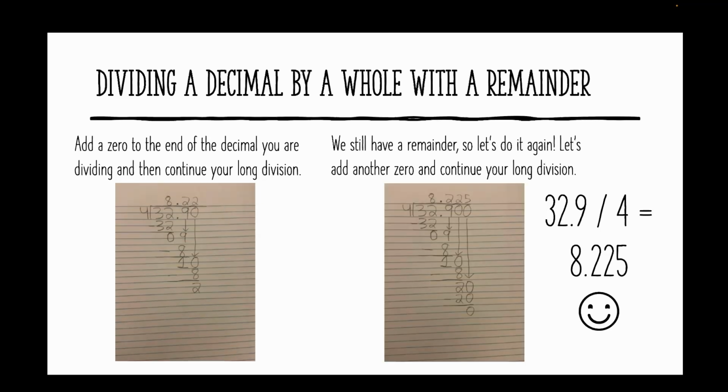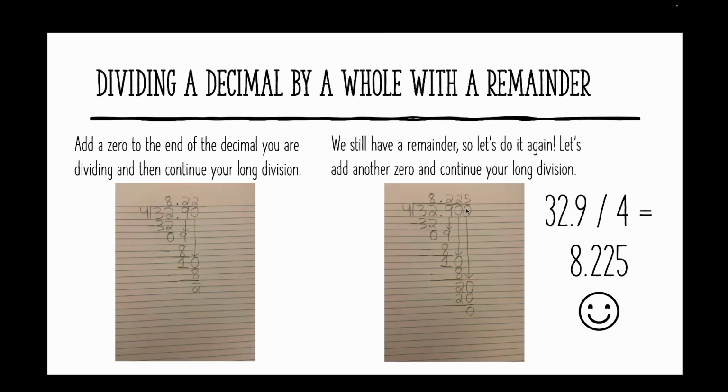So you're going to add that 0 to the end of 32.9, and you're going to bring down the 0 next to the 1 to give you 10. 4 goes into 10 2 times, so it's 10 minus 8 equals 2. So 8.22, remainder 2.